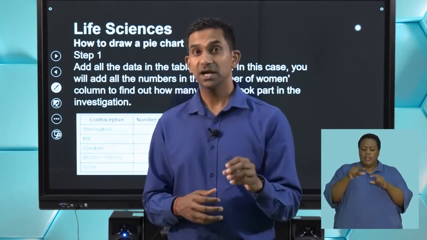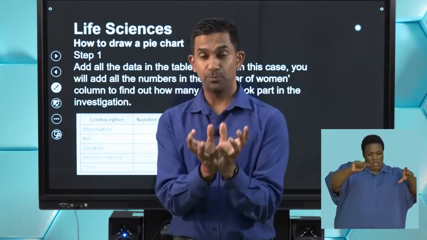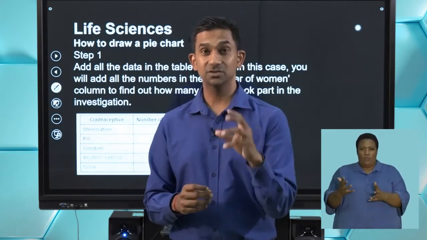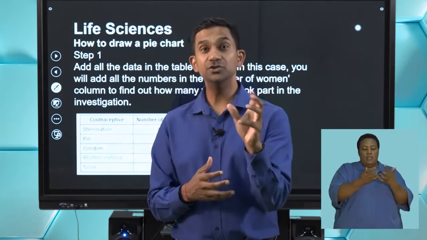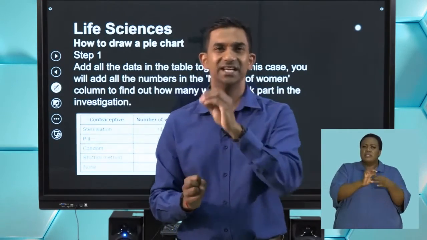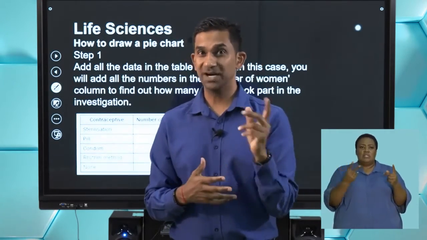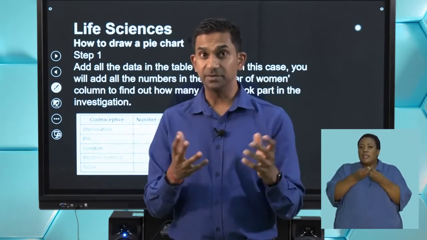A pie chart is an illustration that shows you the proportion of substances or particles or properties in relation to each other. It's often used to show the relationship or the ratios of different quantities in relation to each other. So pie charts often are used for discontinuous variables or data.